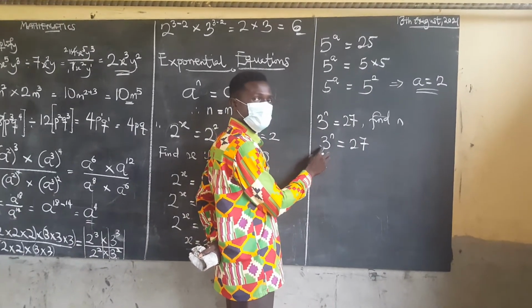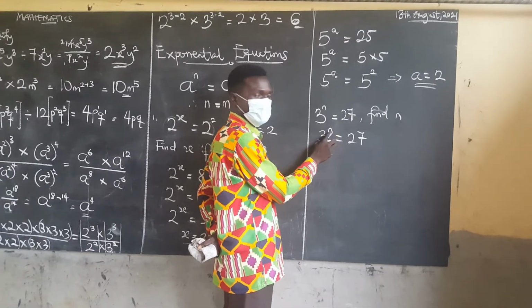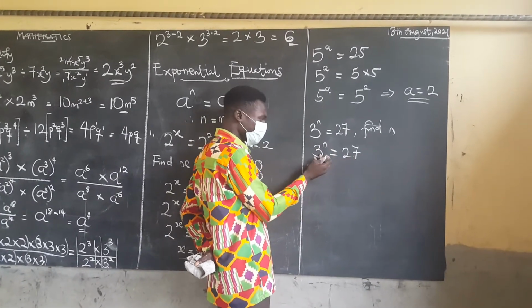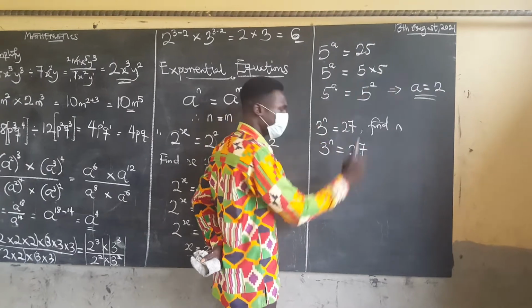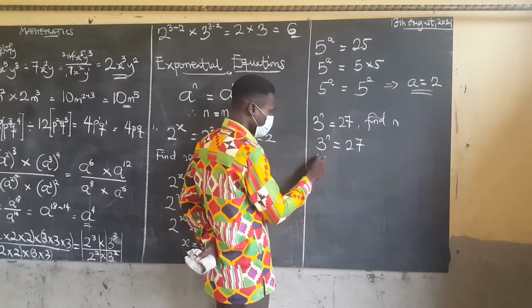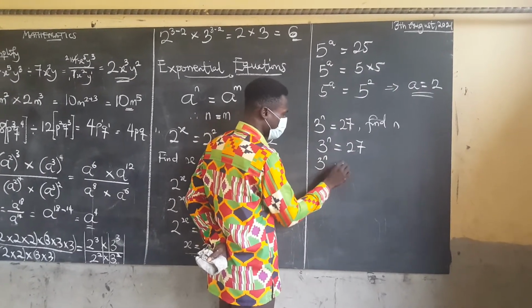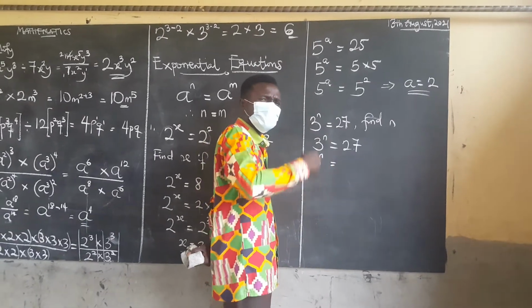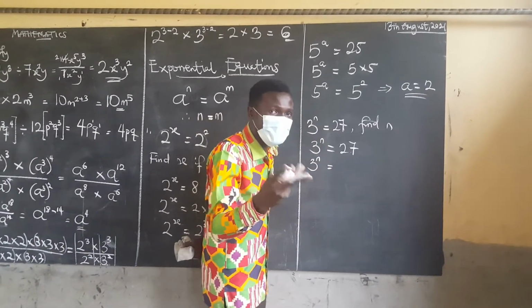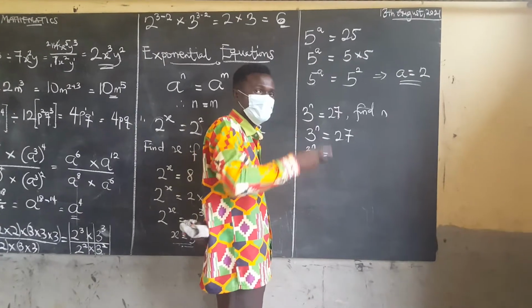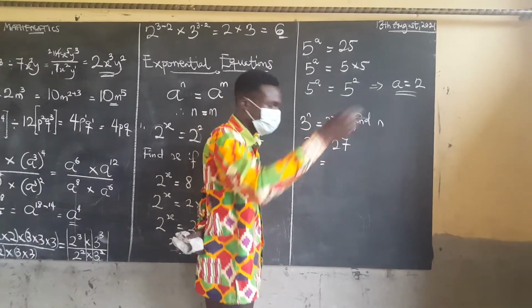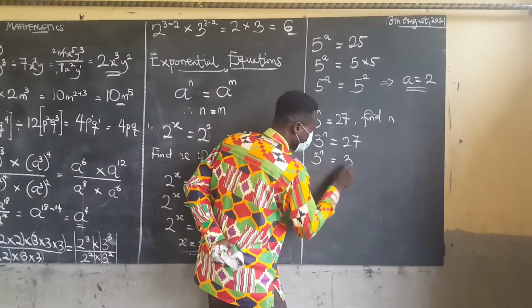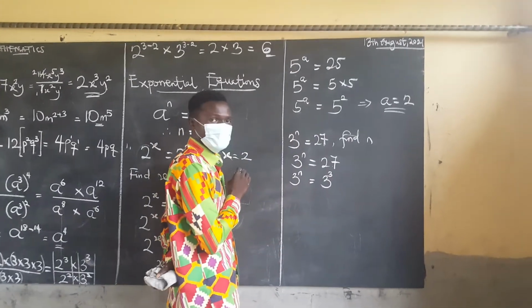This is the number having an exponent. So ask yourself, 3 times 3 times 3, how many times will give you this number? So I'm going to say 3 raised to the power n is equal to 3 times 3 times 3. 3 times will give me 27, because 3 times 3 is 9, 9 times 3 is 27. So this is the same as 3 raised to the power 3.